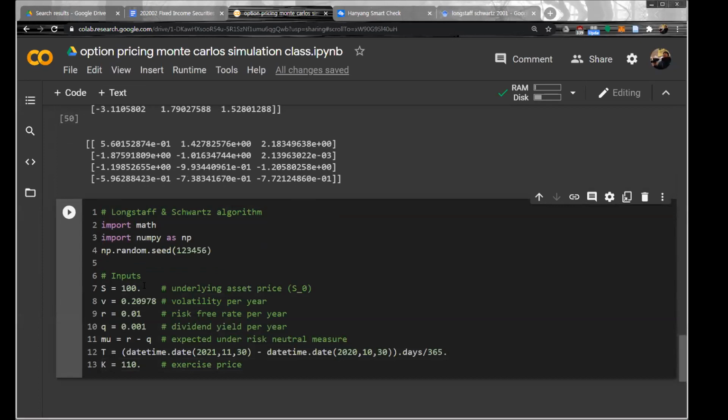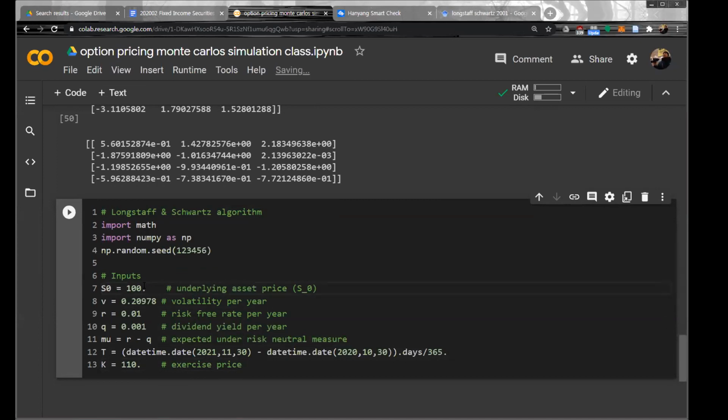Now, because the initial point matters, let's make this one S0. And then let's call the volatility sigma, in order to distinguish from the previous one.